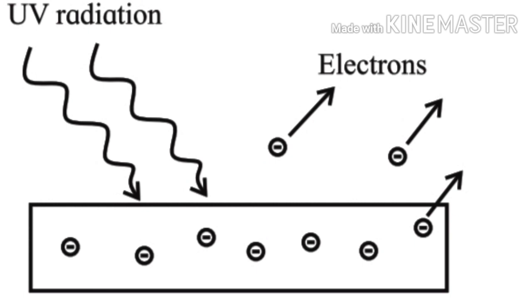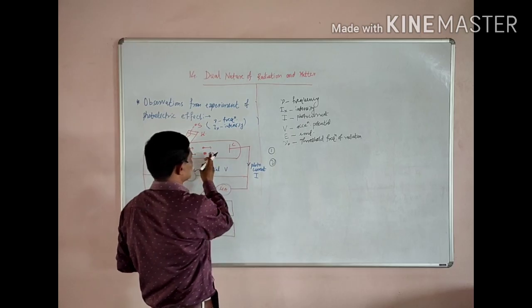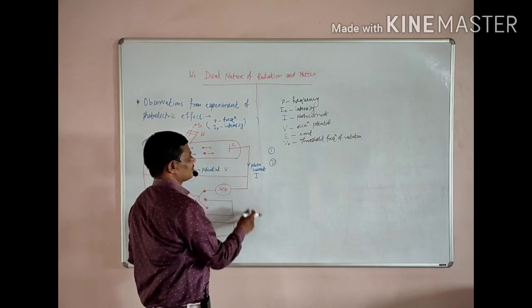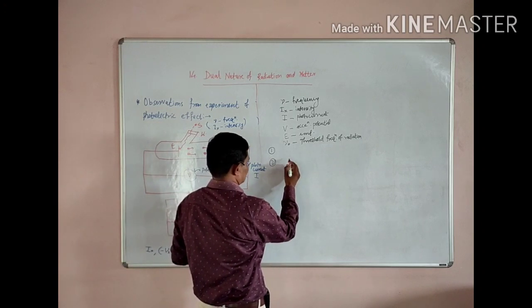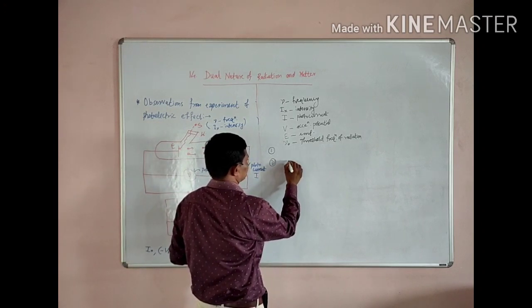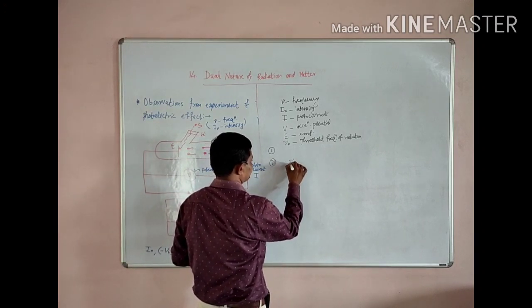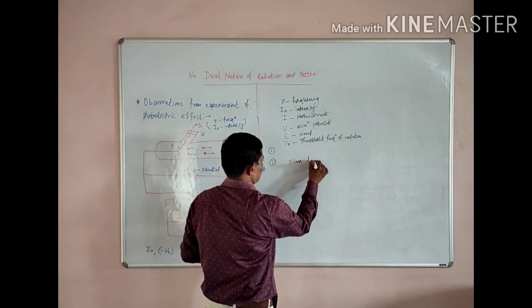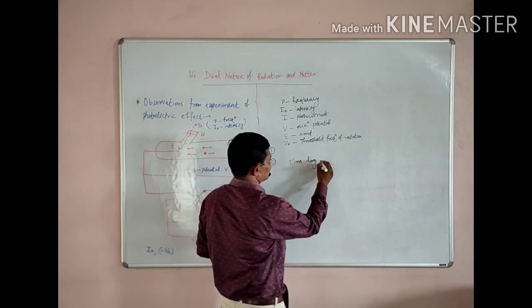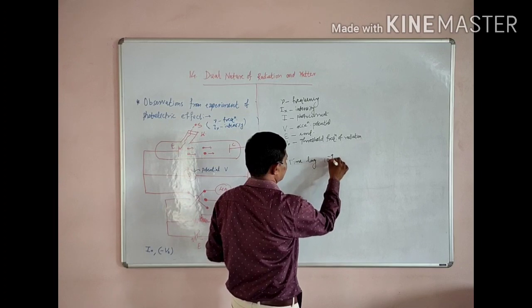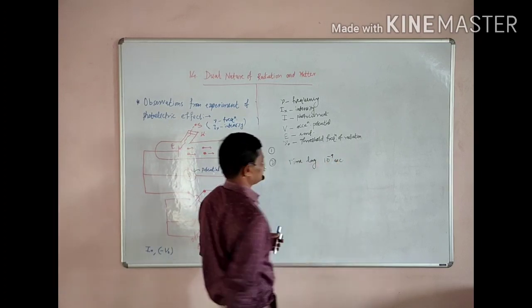There is no time lag between these. If the radiation falls and electrons are emitted, we observe the photoelectric current. Within a fraction of a second, the time lag between this process is nothing but 10 to the power minus 9 seconds. Very, very small.